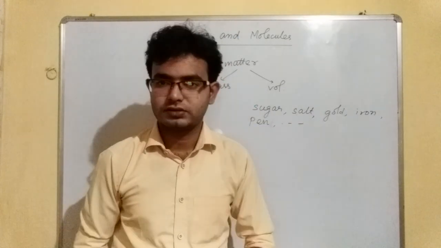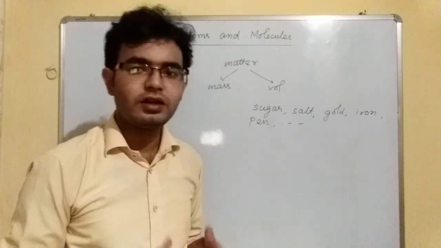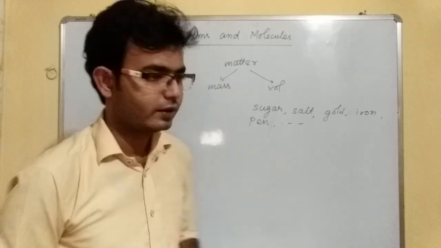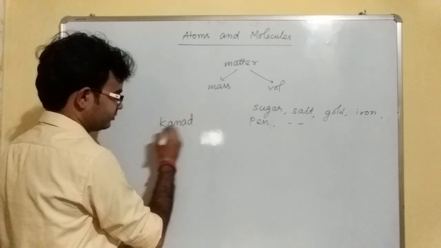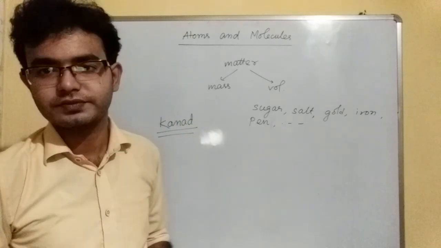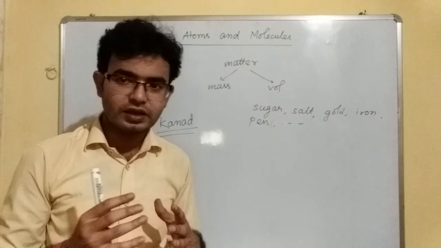All are matter. Now, at first, the Indian philosopher Kanat, K-A-N-A-T, is the name of the scientist. He was an Indian philosopher.